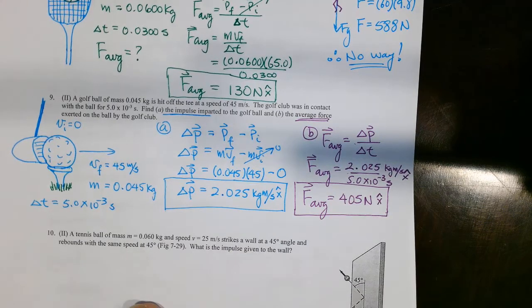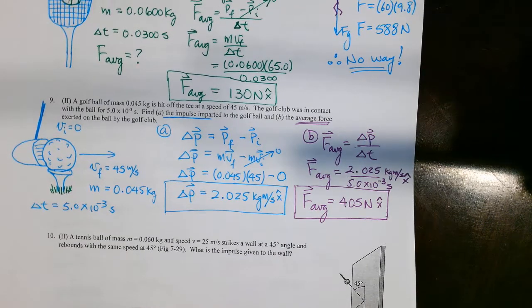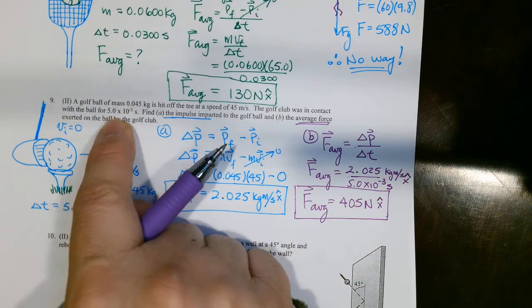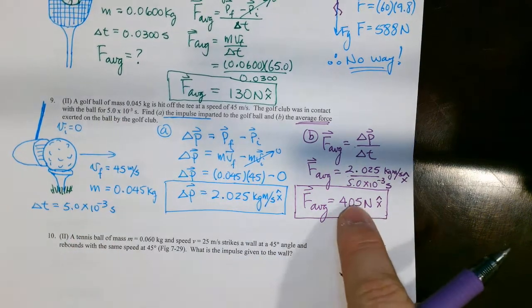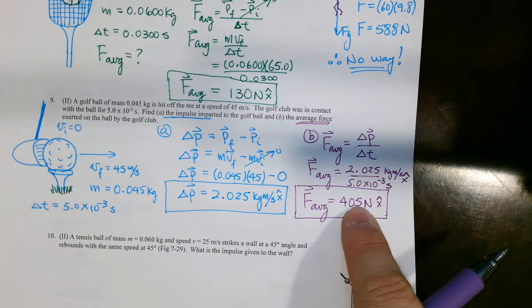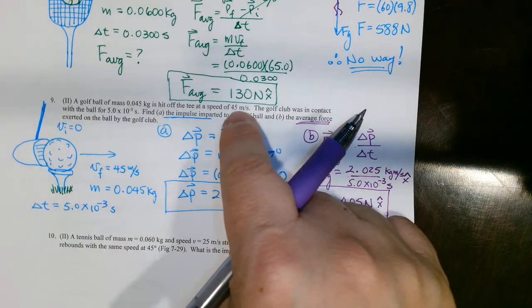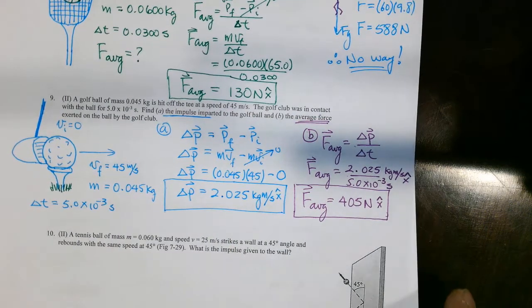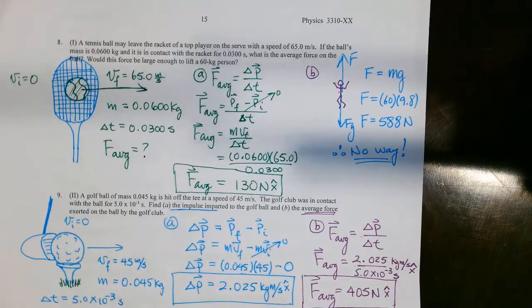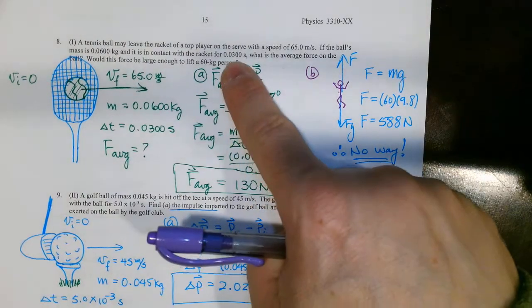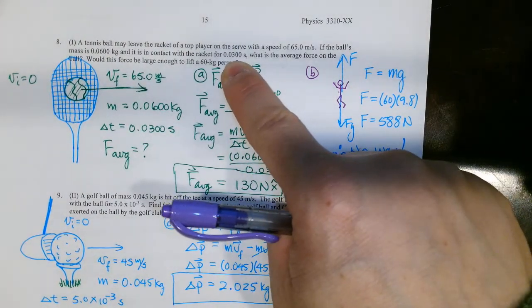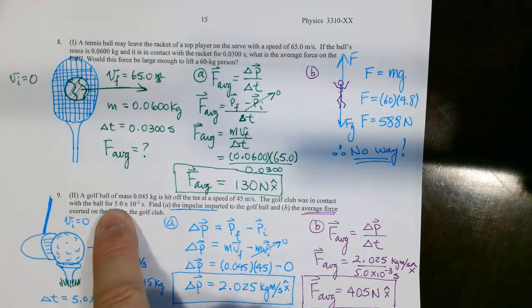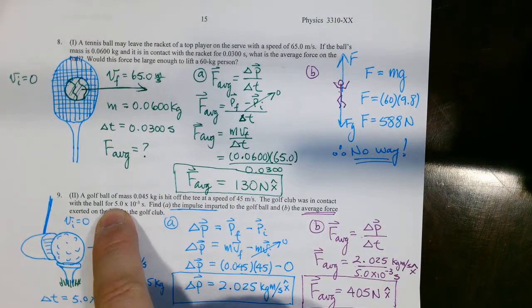So, because the contact time is so small, you would have to apply this much force in order to make the golf ball travel at 45 meters per second. However, for a tennis ball, your contact time is a lot bigger. This is 300th of a second, where this is 5,000th of a second.